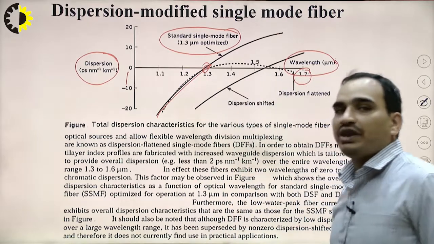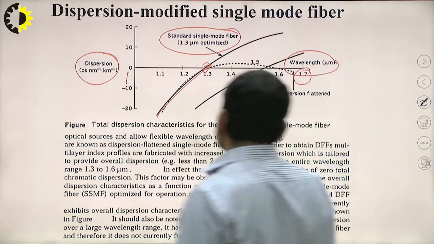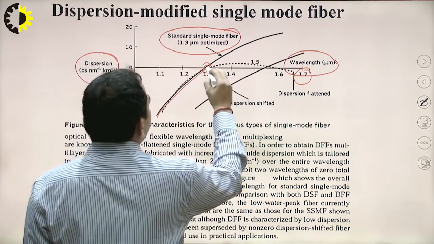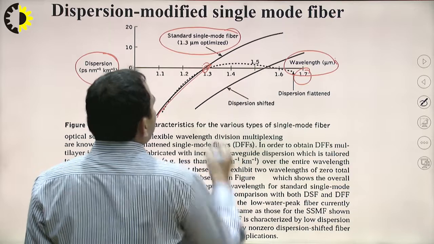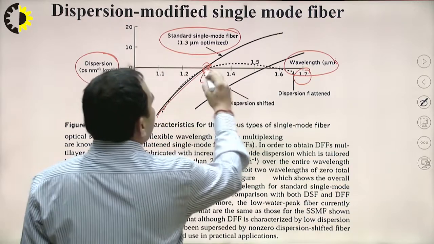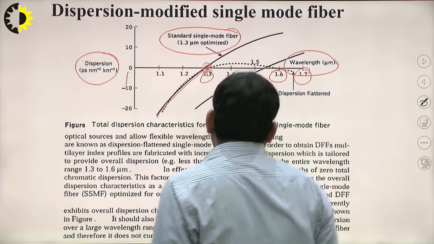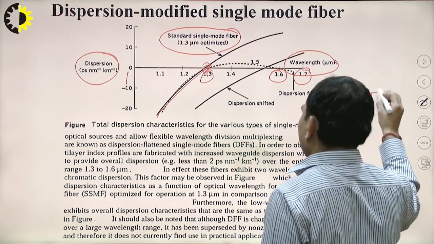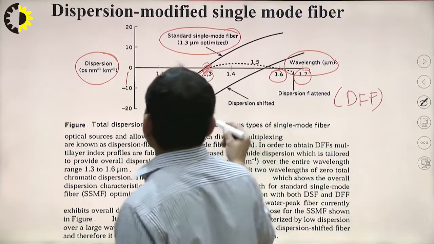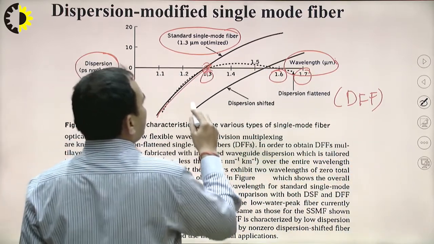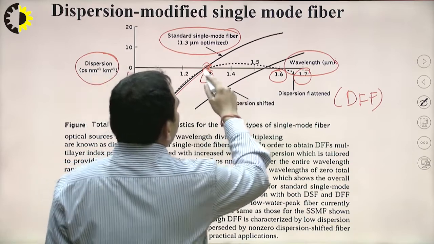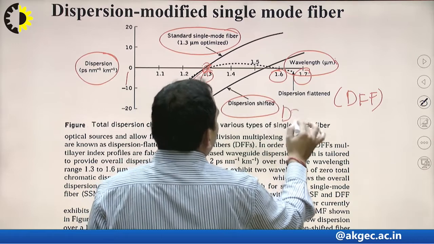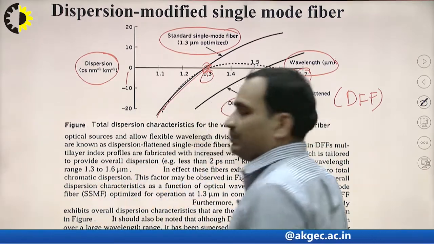In the case of the dispersion flattened fiber, the dispersion is approximately zero from 1.3 to 1.6 micrometers of wavelength. And in the case of the dispersion shifted fiber, the zero dispersion of the standard single mode fiber is shifted from 1.3 to 1.55 micrometers. These are known as DSF, dispersion shifted fiber.